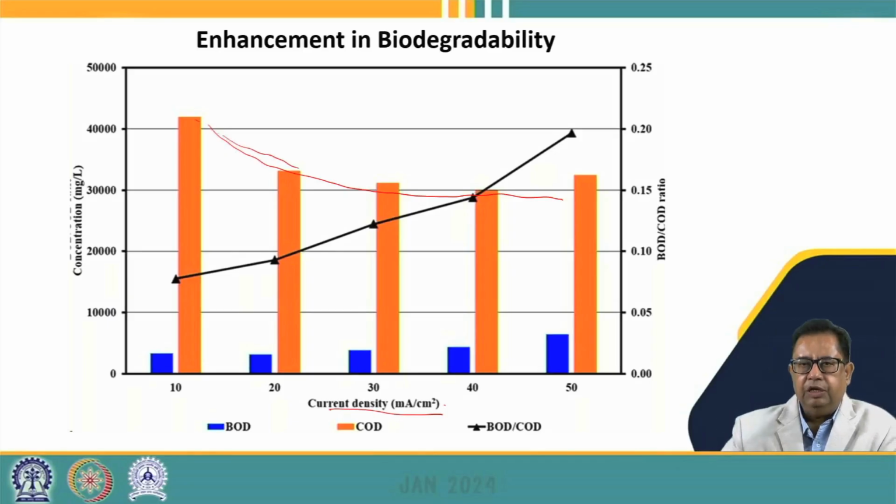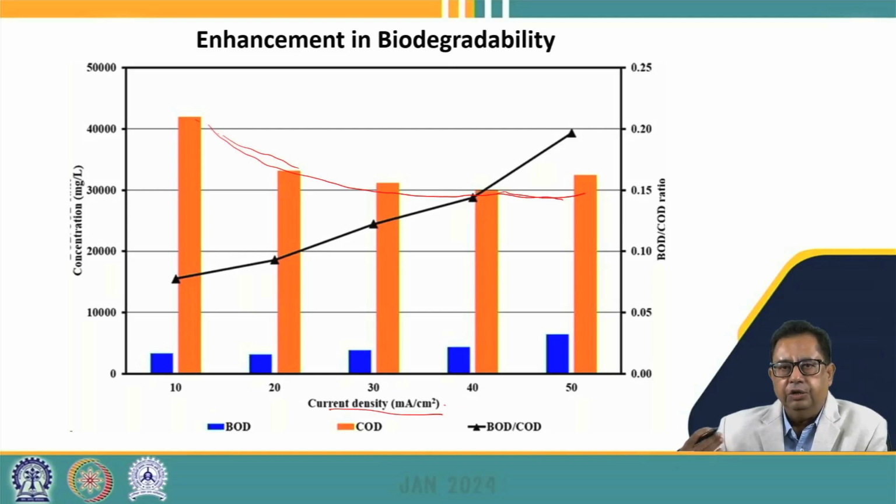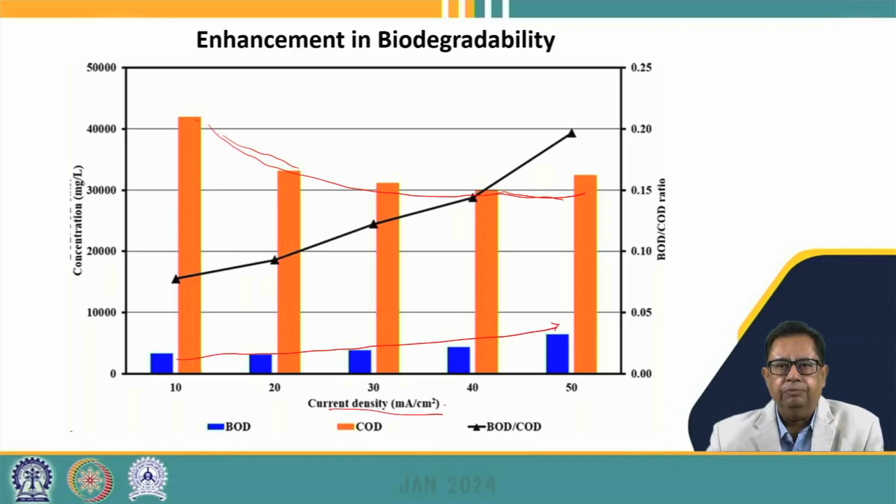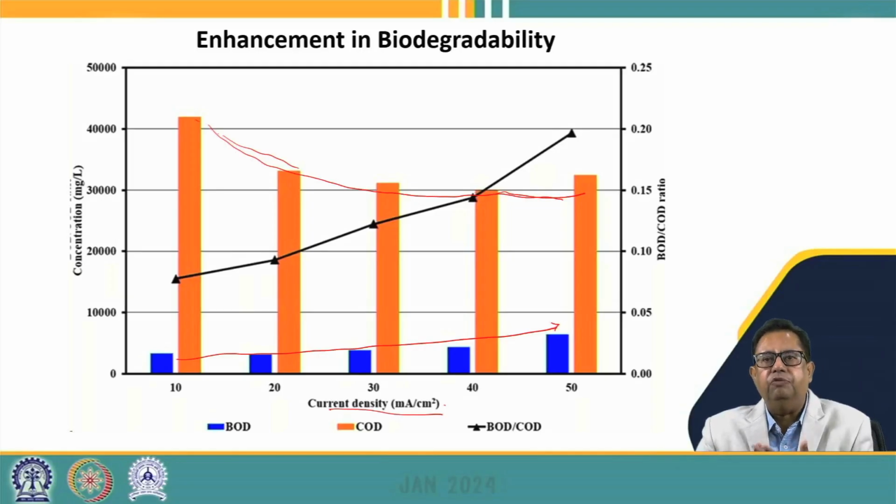So these are mainly the recalcitrant organics also that are going down, and the toxicity of the water may be getting reduced, because of which you find that the BOD values are increasing. As the water is getting treated by the advanced oxidation process, the COD values are going down, but the BOD values are increasing.